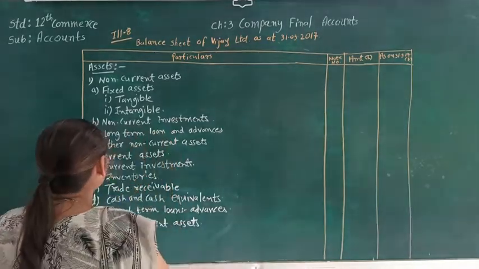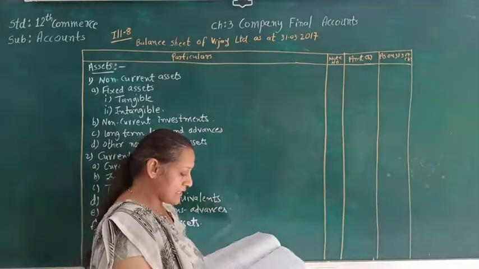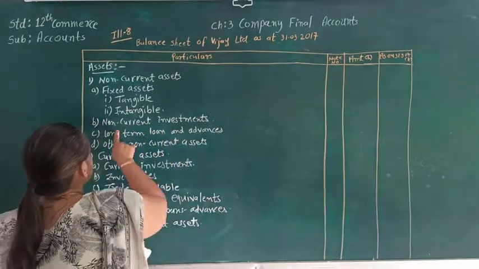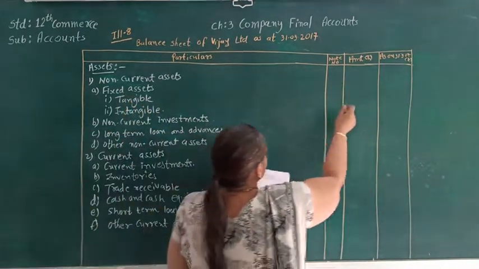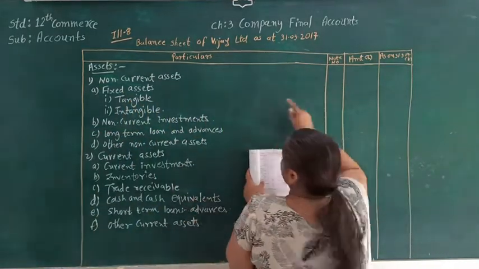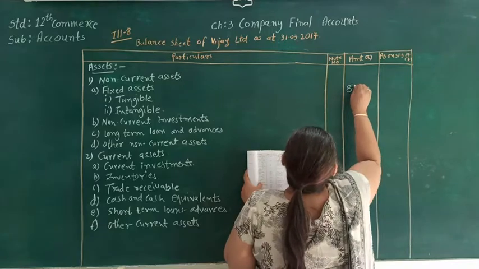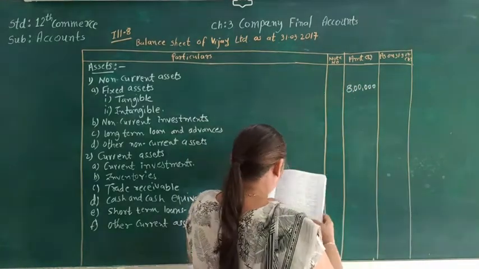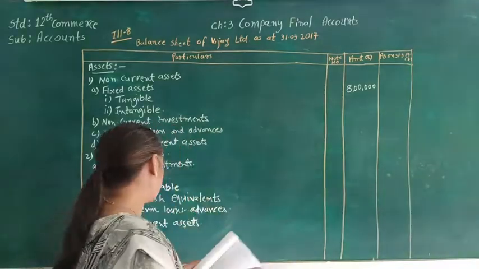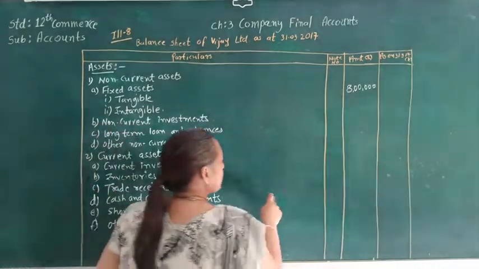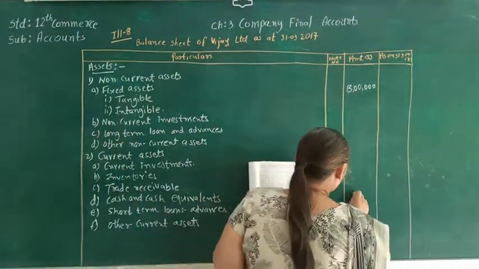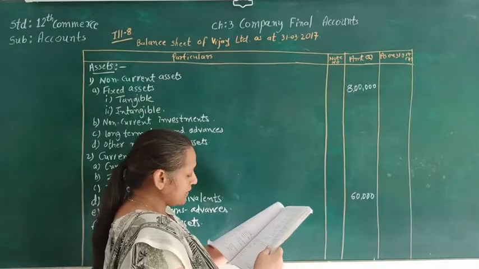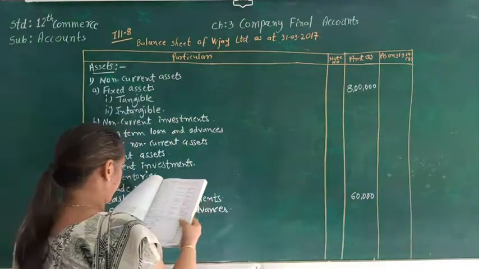And for that, here very first thing given to us in the sum is a fixed tangible asset. So here fixed tangible asset is 8 lakh. Then the next one given to us is a cash and cash equivalent. So cash and cash equivalent is 60,000. Next one is a long-term loan and advances.